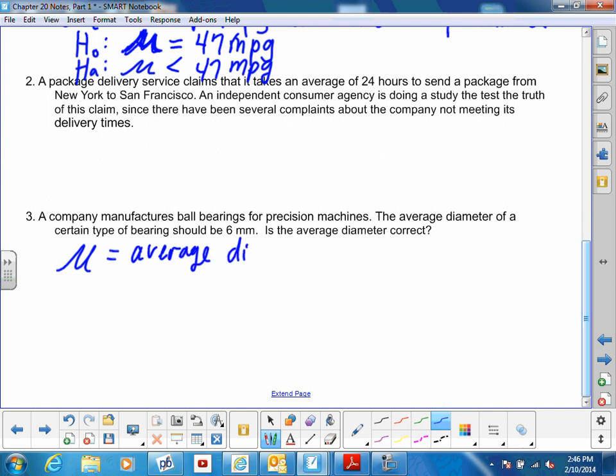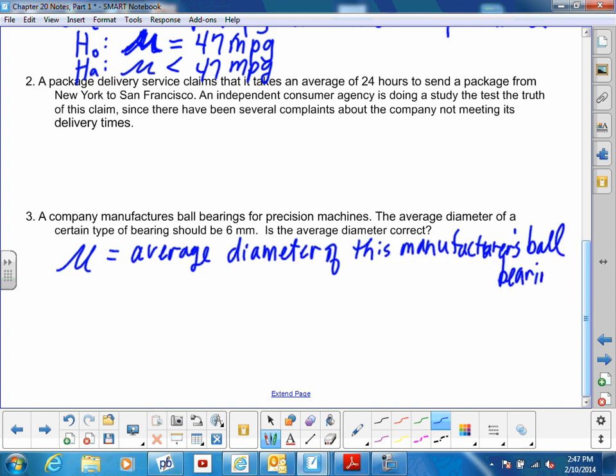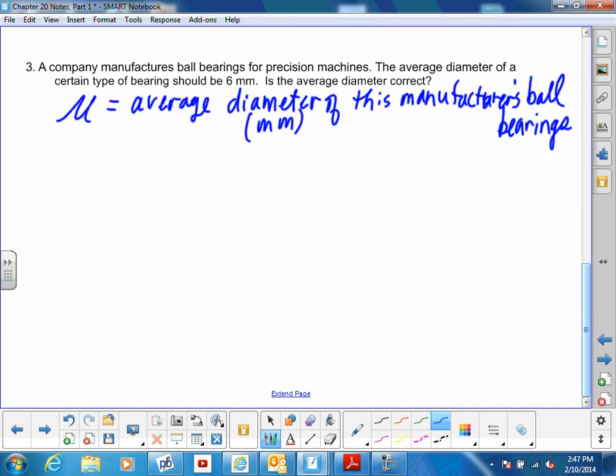Average diameter of this manufacturer's ball bearings. Now, and then I'm going to probably put millimeters here. Okay, so what would my null hypothesis be?